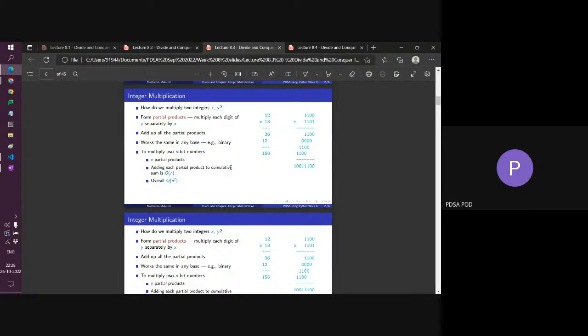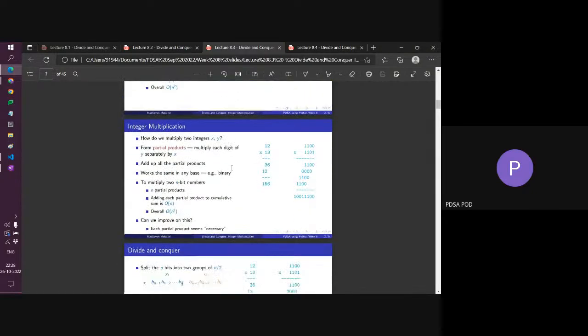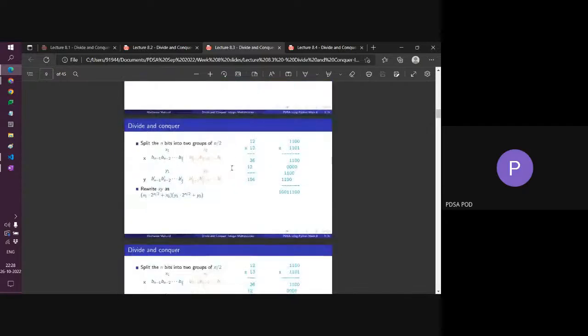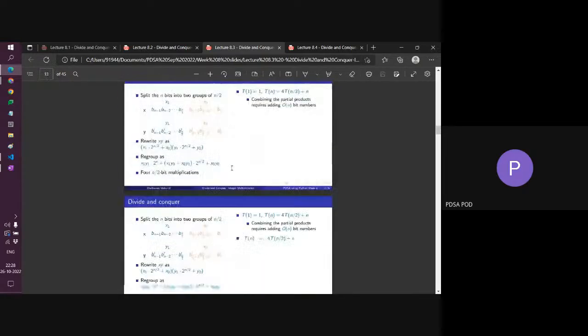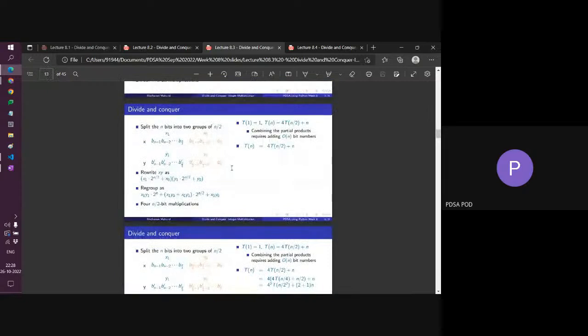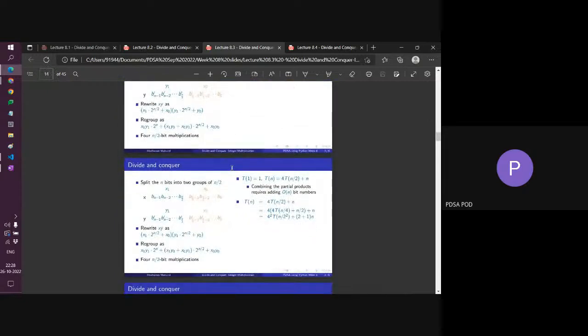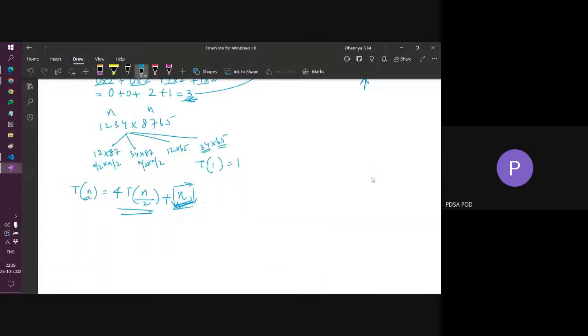N partial products. Adding each. Just one second. Okay, so combining partial products requires adding additional O of n bit numbers. This is the O of n. So that's what I just mentioned.